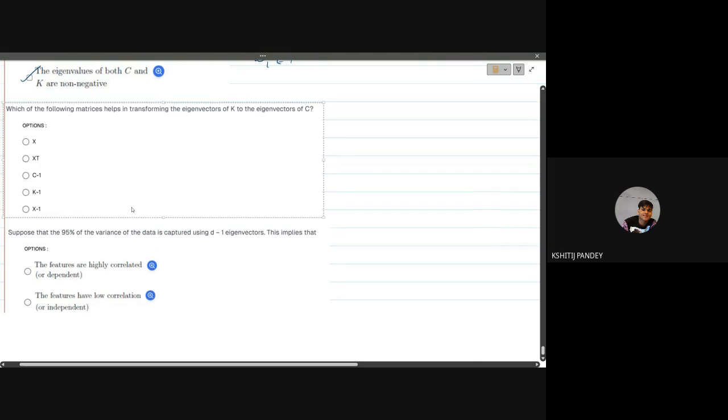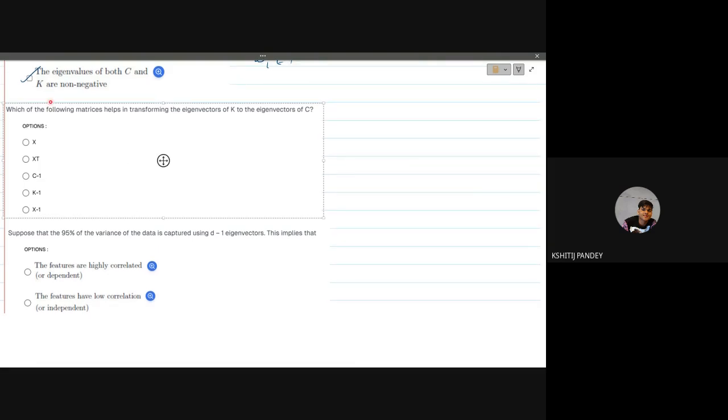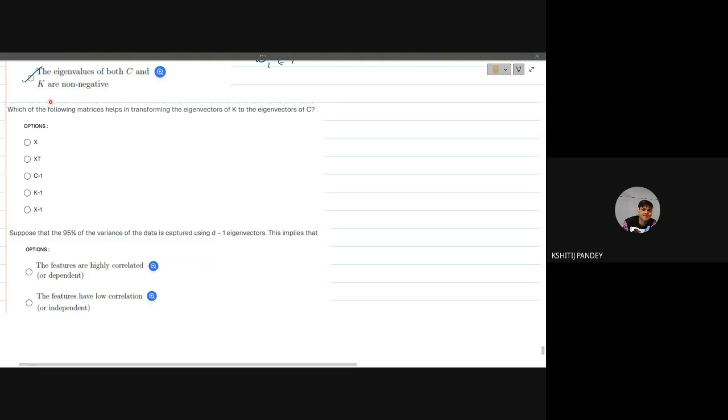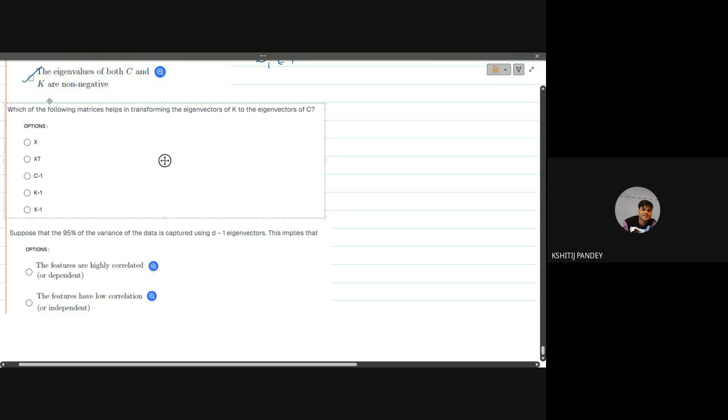I'll get back to you guys on this. We can discuss this in the Saturday session. Right at the moment, I'm not able to figure this out. Is that okay with you all? Please remind me of this. Next session we'll have on Saturday, so we'll discuss it there.